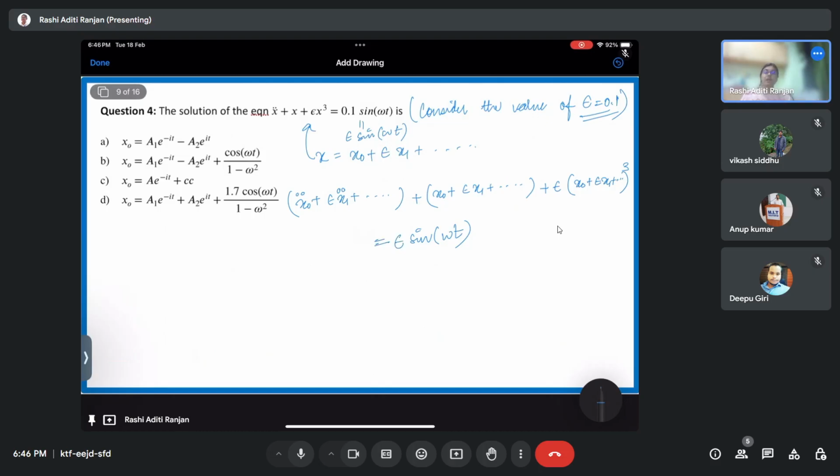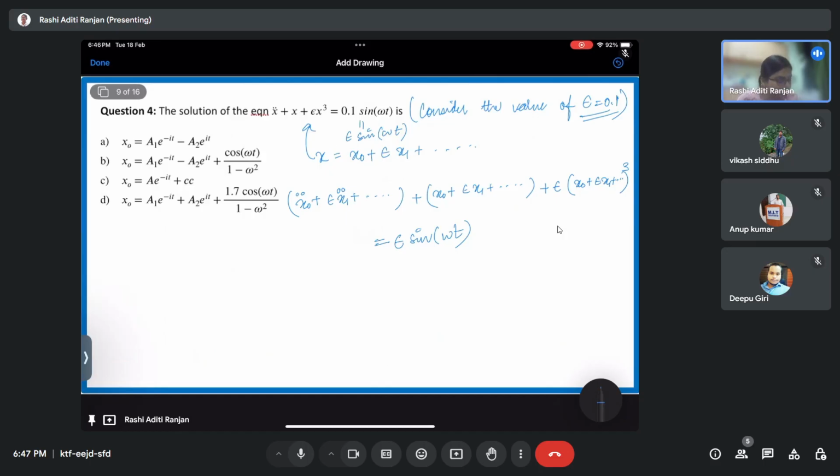like this. So now my equation is not the same as that of the previous question. This is the thing that I saw for this question: the coefficient of sine of omega t is small compared to 1, and it is also given that epsilon is equal to 0.1. So the coefficient of x cube, the nonlinearity, is the same as that of the forcing term. So for the first order, segregating epsilon to the power 0, we should neglect sine of omega t.